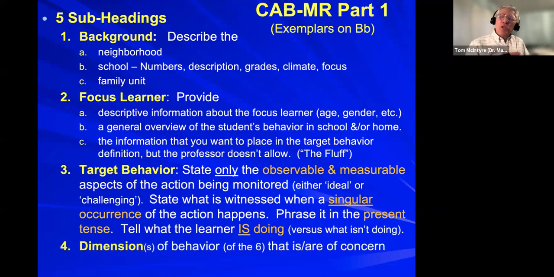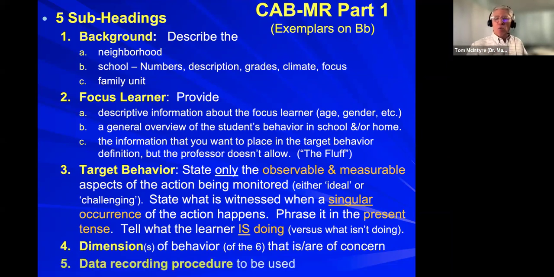And tell us which of the 6 dimensions of behavior is of concern. Do we want to change the duration of it? Would we like to change the topography? These are parts of part 1. And we also want to know, what data recording procedure are you going to use? Are you going to use frequency recording?